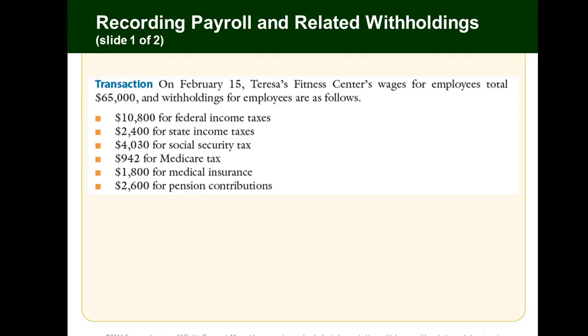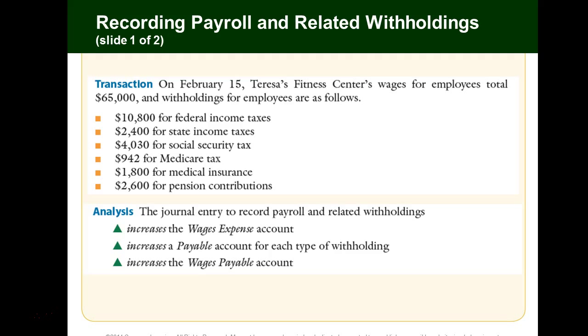And the withholdings for employees are as follows. $10,800 for federal income taxes, $2,400 was withheld for state income taxes, $4,030 was withheld for Social Security taxes, $942 was withheld for Medicare taxes, $1,800 for medical insurance, and $2,600 for pensions.